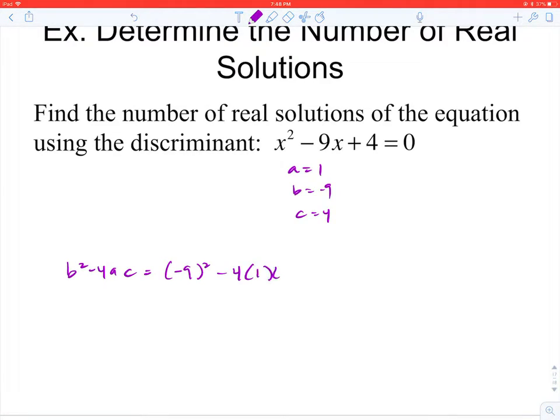And for this last one, it looks like we're going to end up with a positive value. We get 65, so we get 2 real solutions.